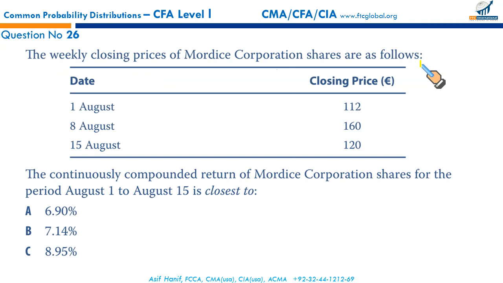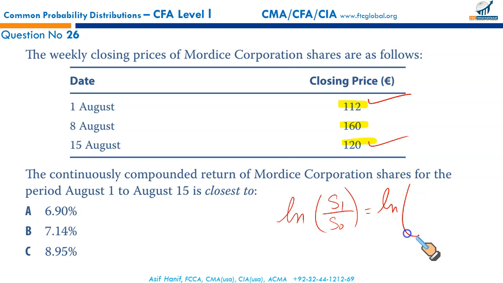Alright, next question. The weekly closing prices of Modis Corporation shares are as follows: on 1st of August, on 8th of August and on 15th of August. The continuously compounded return of Modis Corporation shares for the period from August 1st to August 15 is closest to, I'm sure you know the formula, natural log of S1 over S0, and that's simply ln 120 upon 112.